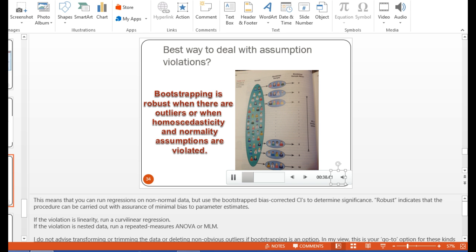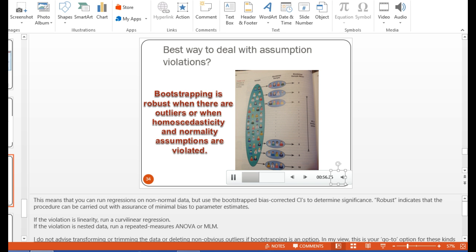So other than that, with the linearity assumption violation, we would run a curvilinear regression, which we'll learn about later. And so that assumption is not a big deal. We can always run a quadratic or cubic function and try to deal with that.